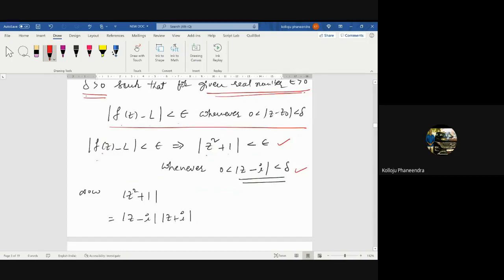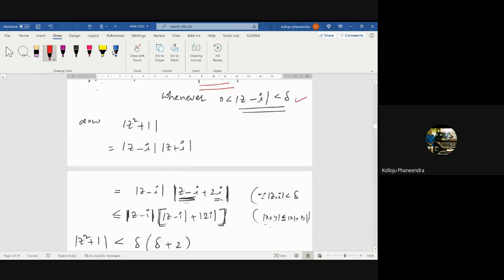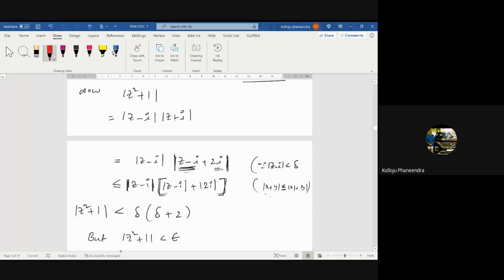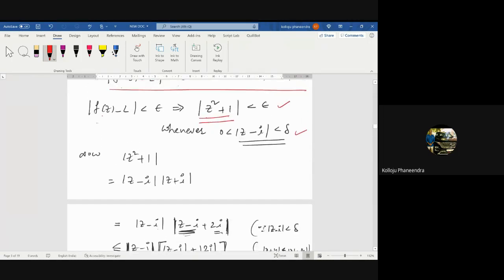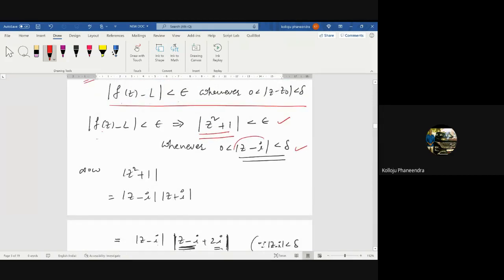To get this delta value, I'm first considering this z square plus 1. Separating it into a minus b into a plus b, then writing every term out. And remember one more point: why am I converting to z minus i? Because I know z minus i is less than delta, so convert everything to z minus i terms.